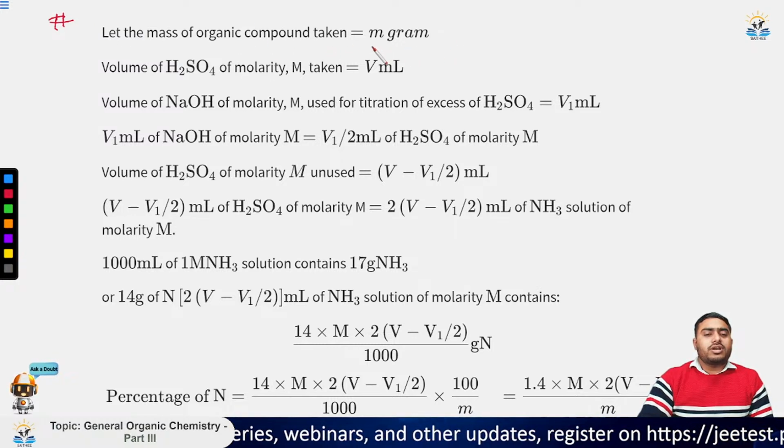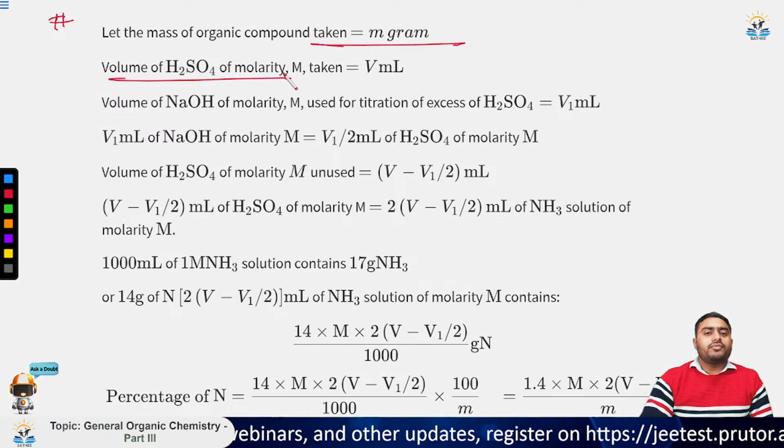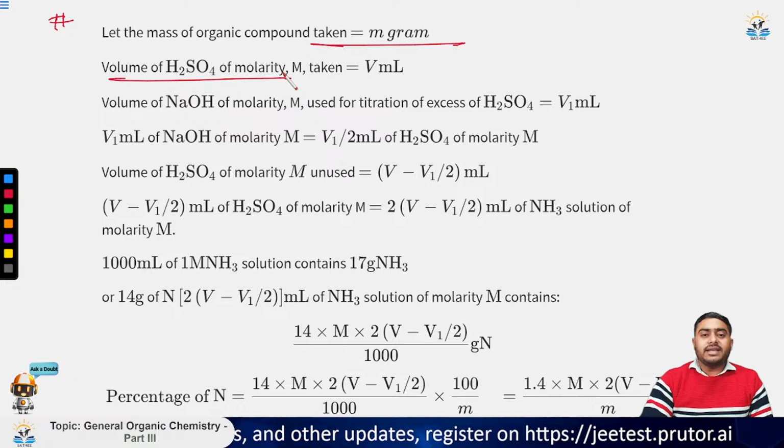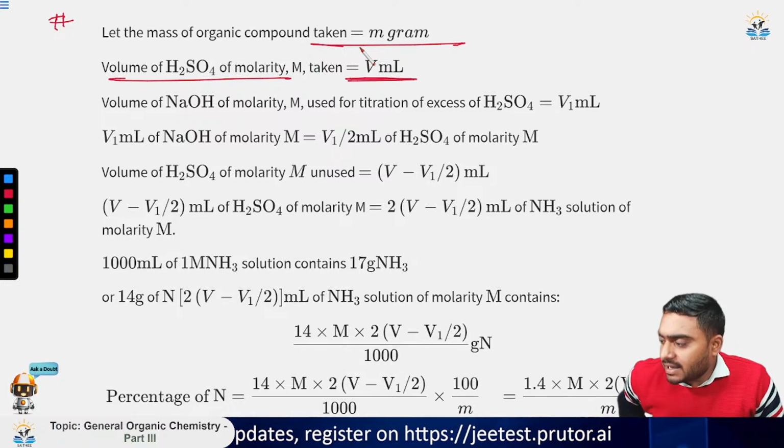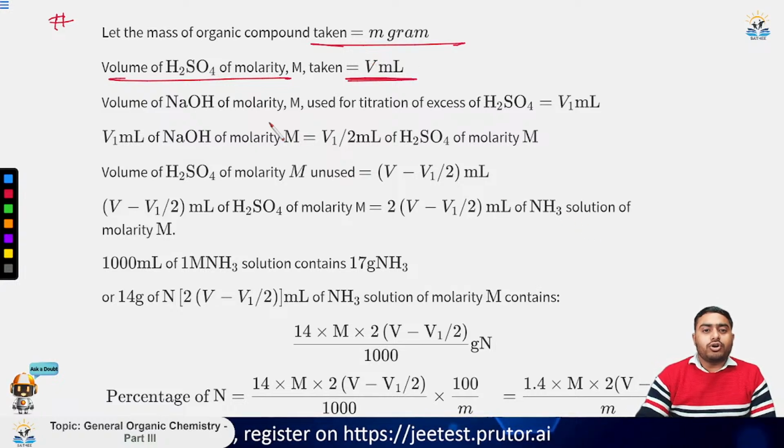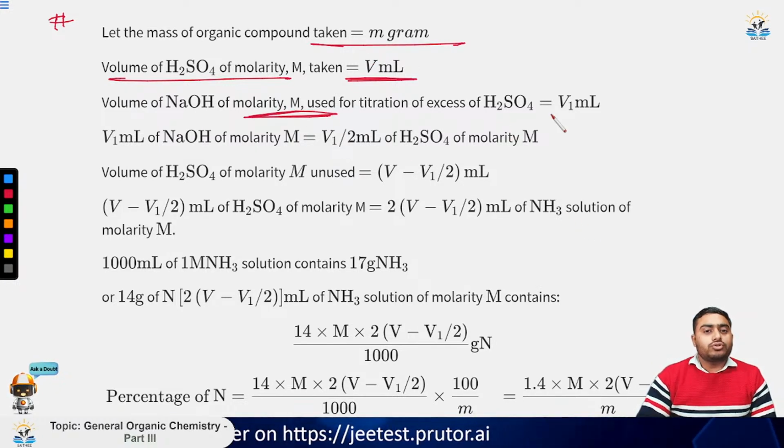Let's suppose the mass of organic compound taken is m gram. Volume of H2SO4 of molarity M taken is V ml. Volume of NaOH of molarity M used for the titration of excess H2SO4 is V1 ml.